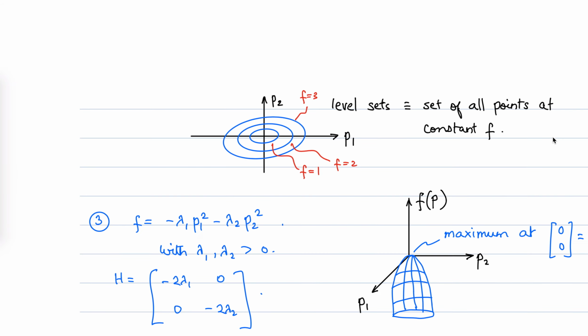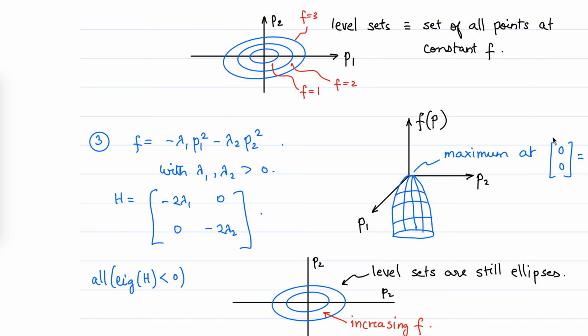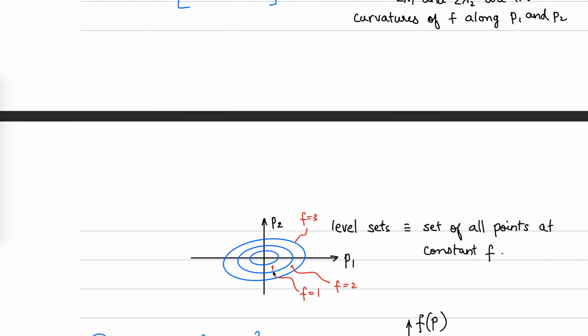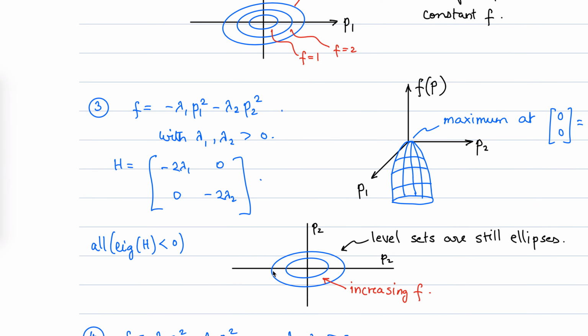If you've seen topographical maps which provide contours for uneven terrain, for instance, mountains and valleys and so on, those are basically level sets of the height of that point, right? In any case, it turns out that the level sets for a function like this will actually be ellipses in general.